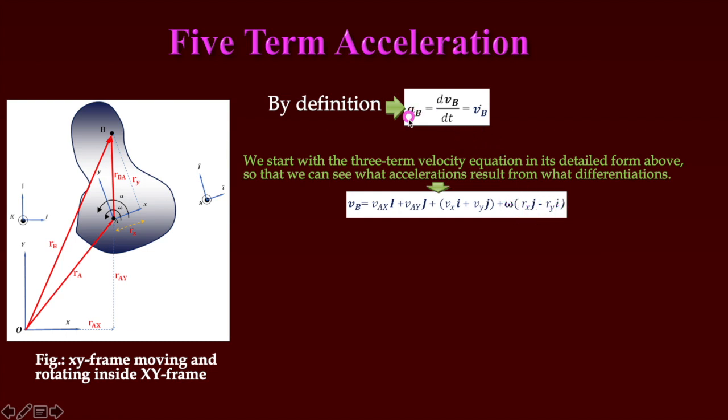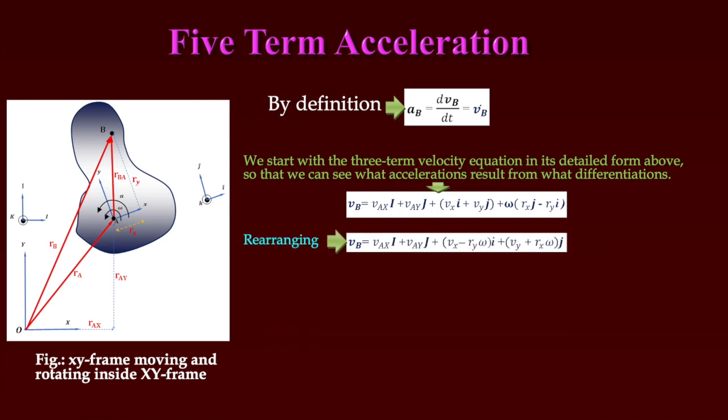Now we know the acceleration of point B is a derivative of velocity. So aB is dvb by dt, or it is also written as v dot b. Now rearrange this equation.